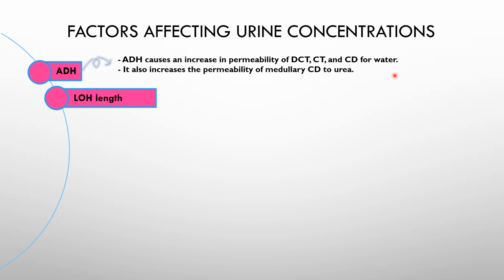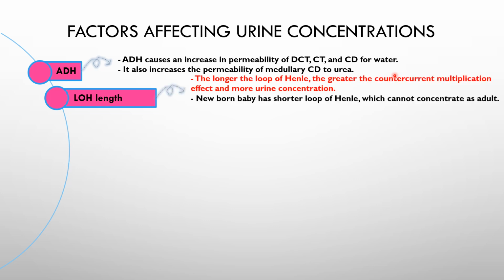The length of the loop of Henle matters. The longer the loop of Henle, the greater the countercurrent multiplier works, as it can concentrate the urine more. In newborns and infants, the loop of Henle is shorter.